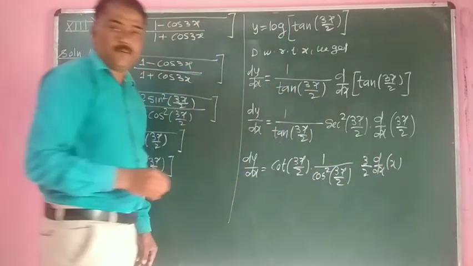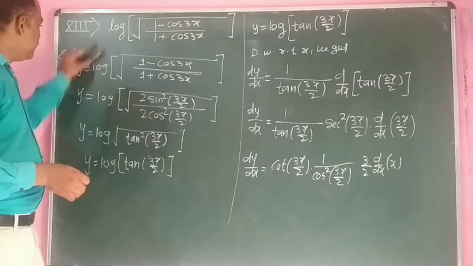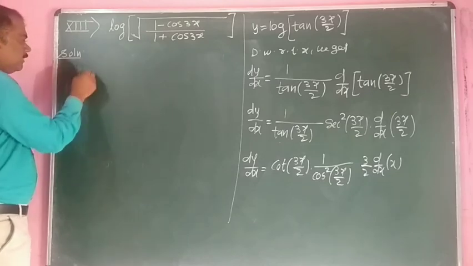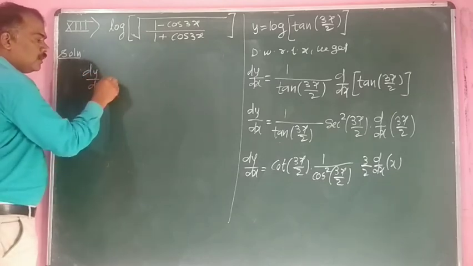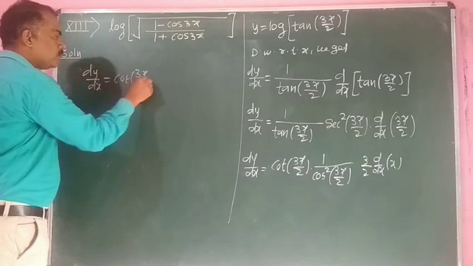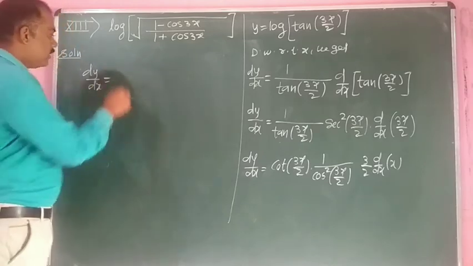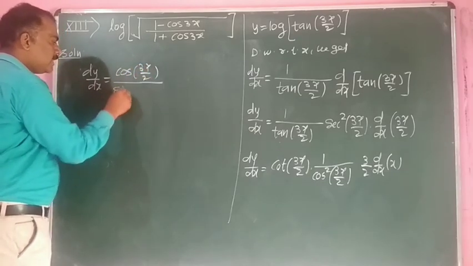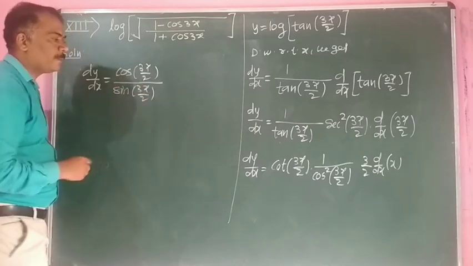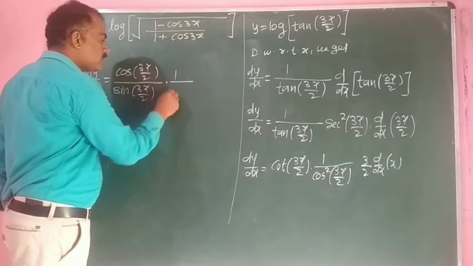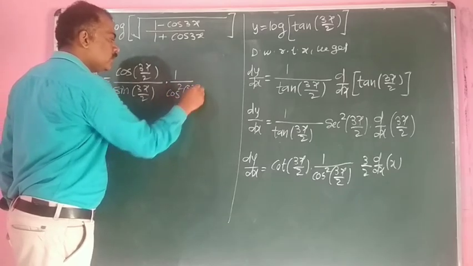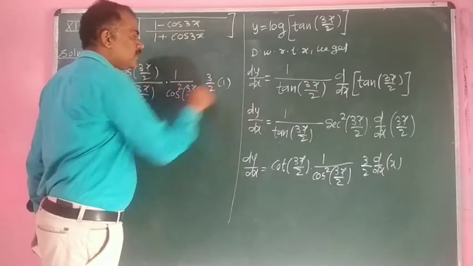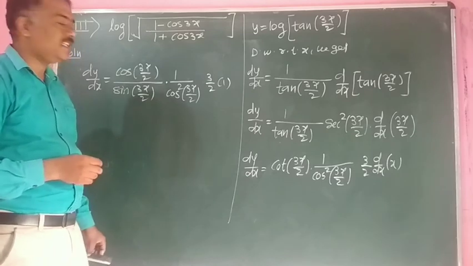So dy by dx is equal to cot of 3x by 2, which is cos 3x by 2 divided by sine 3x by 2, into 1 upon cos square 3x by 2 into 3 by 2, and d dx of x is 1.